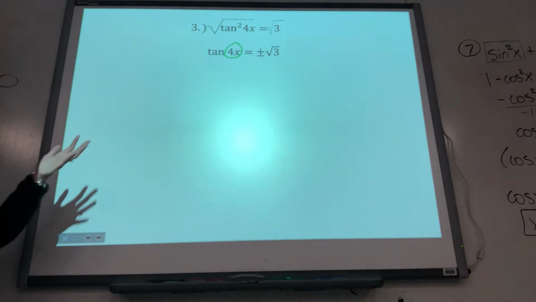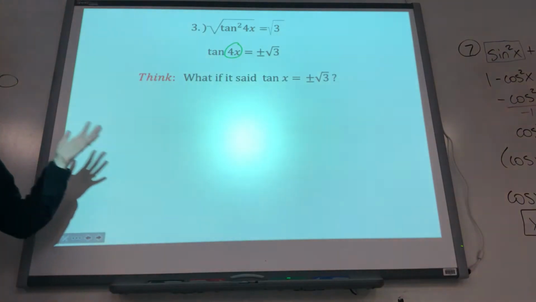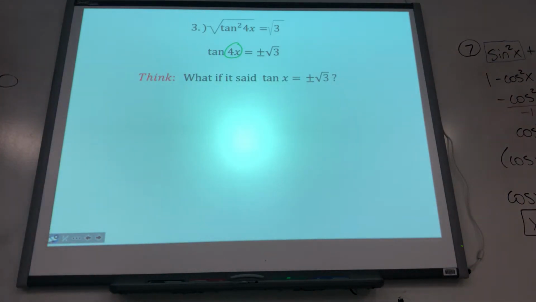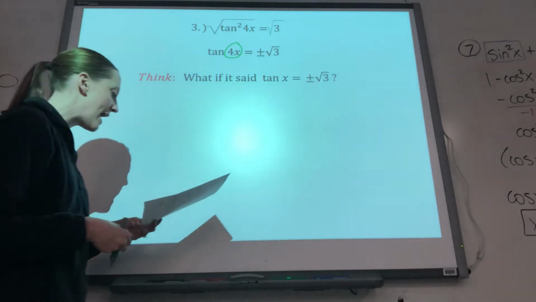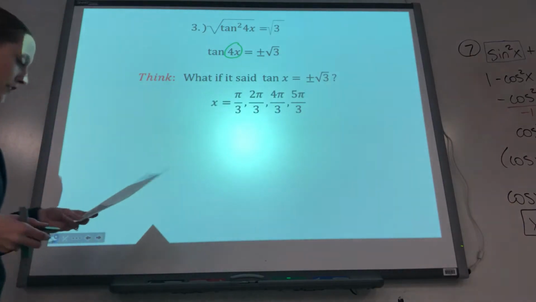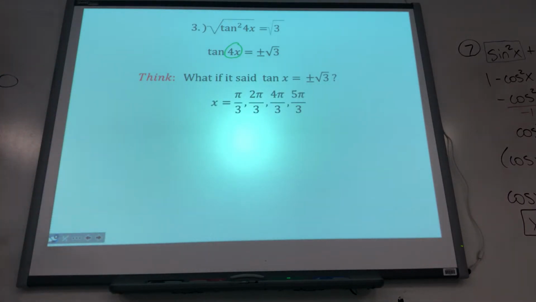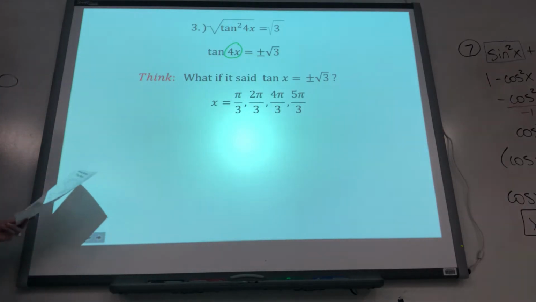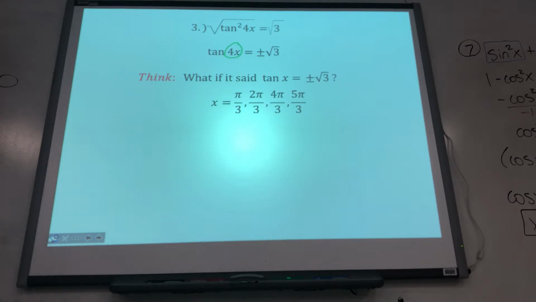So imagine what you would do if it was just tangent of x equals plus or minus square root of 3. The plus or minus is going to add to our list a little bit. That would be pi over 3, 2 pi over 3, 4 pi over 3, and 5 pi over 3.